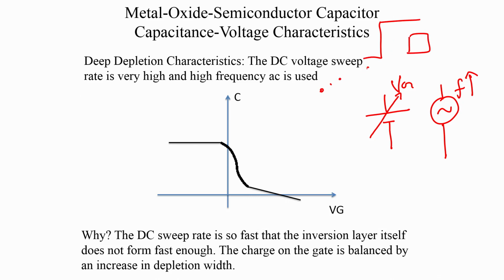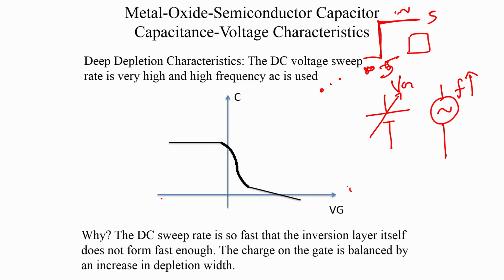Let us say the Vg went from 0 to whatever 10 volts or minus 5 to 5 volts within a few picoseconds or a few nanoseconds. Okay, a very sharp pulse appeared at the gate. So, the DC voltage itself was varied very rapidly, and the AC frequency is very large.